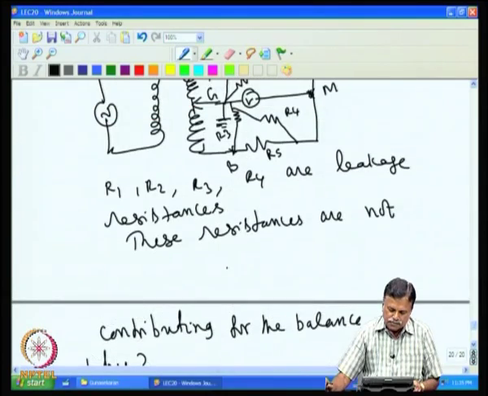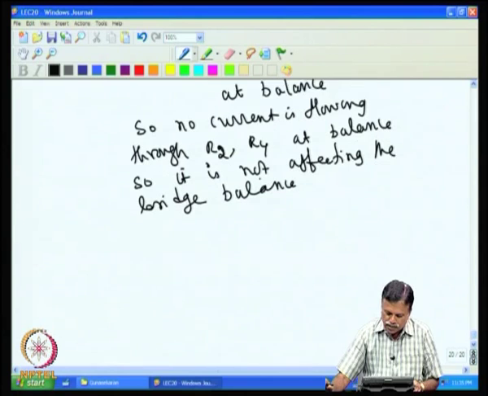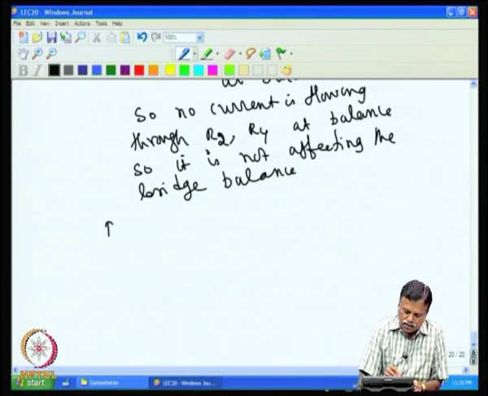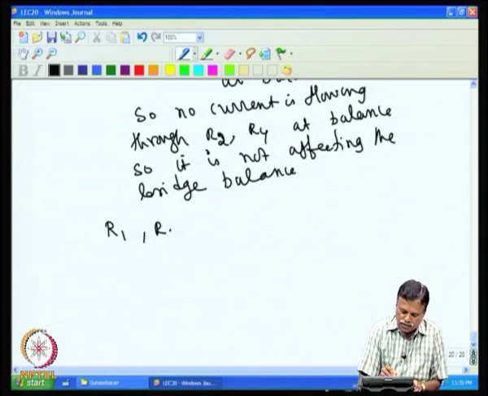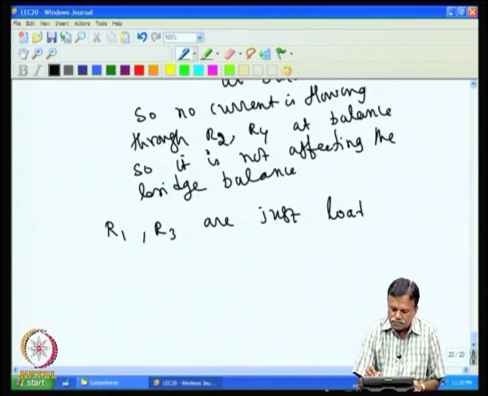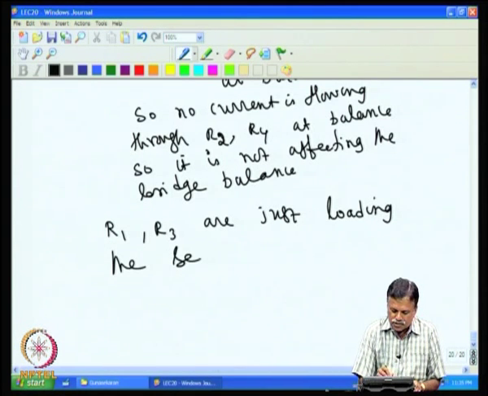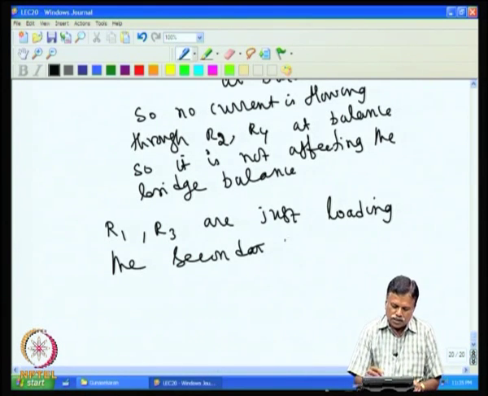Similarly, if you take R1 and R3, they are just loading the secondary of the transformer.